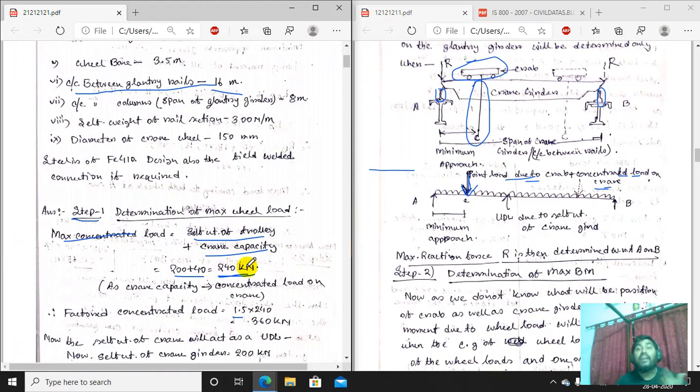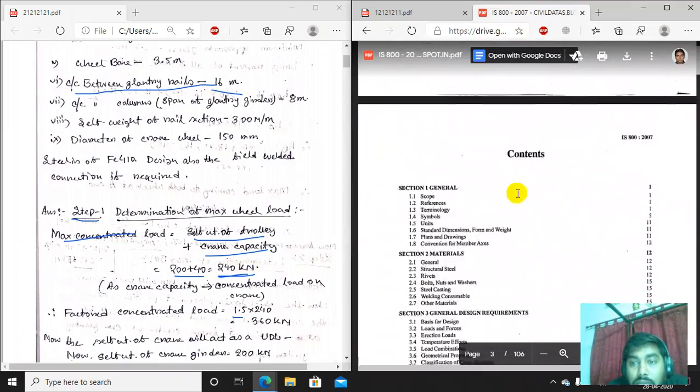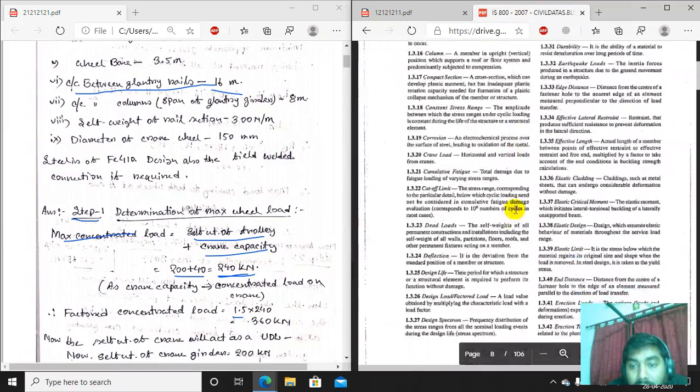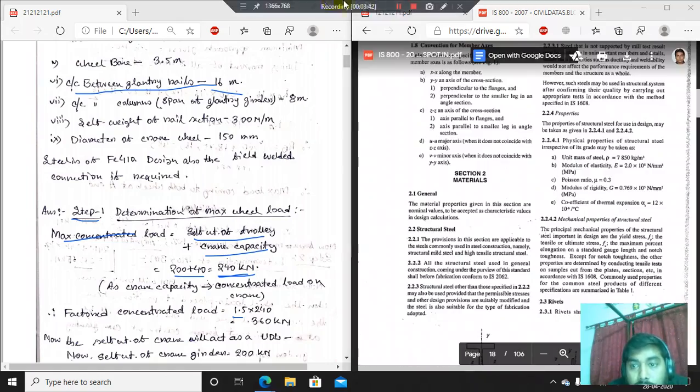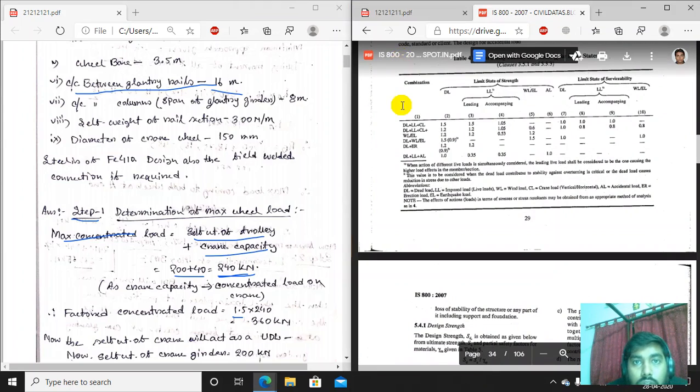Let us change it into factored load. The load will be factored. So what is the factor we have to take? Let us open the load factor page. You see here in this diagram, it is dead load plus crane load.